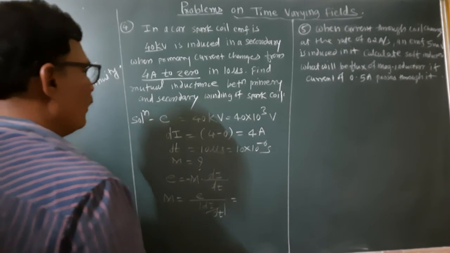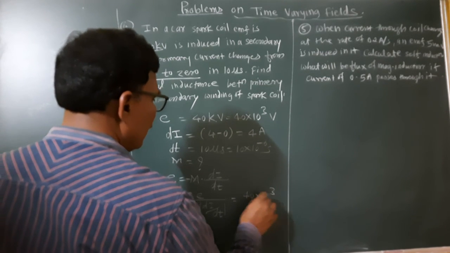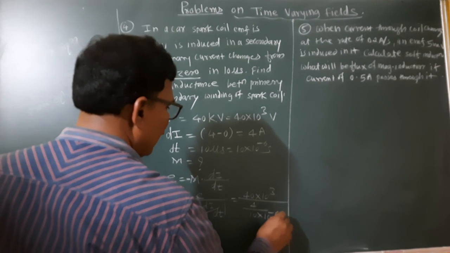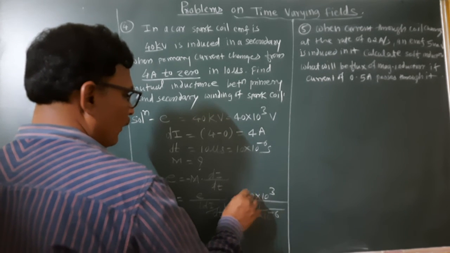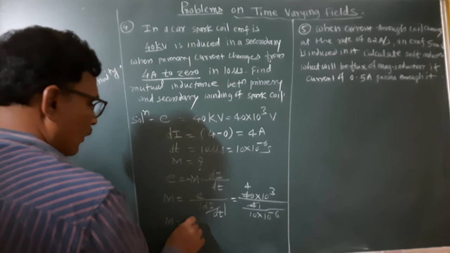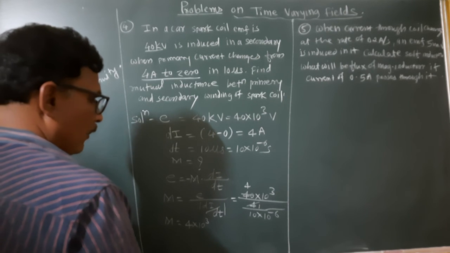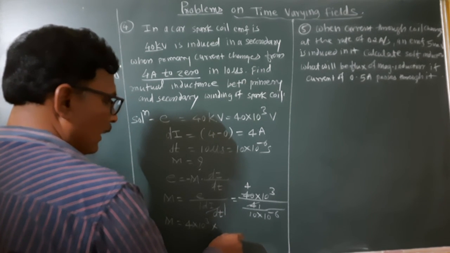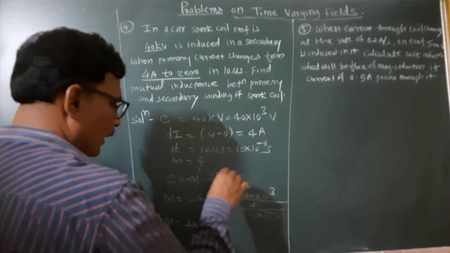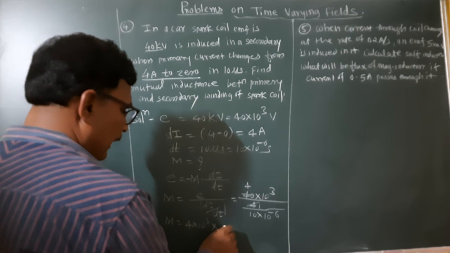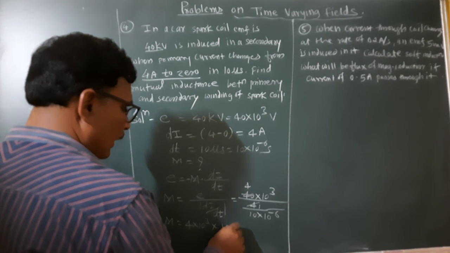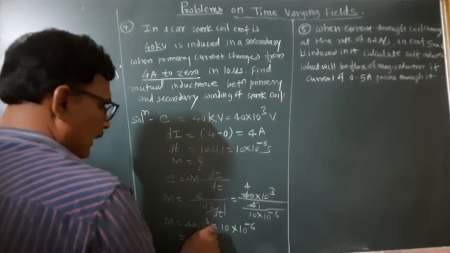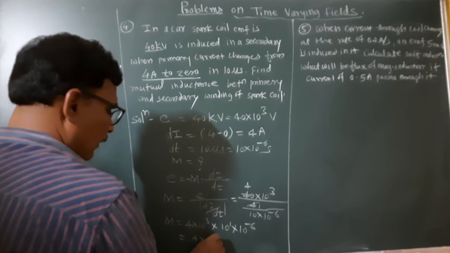E is 40 into 10 raised to 3, divided by dI, which is 4, divided by dt, which is 10 into 10 raised to power minus 6. 4 into 10 raised to 3 divided by 4 over 10 into 10 to the power minus 6, and finally this gives 4 into 10 to the power minus 2.